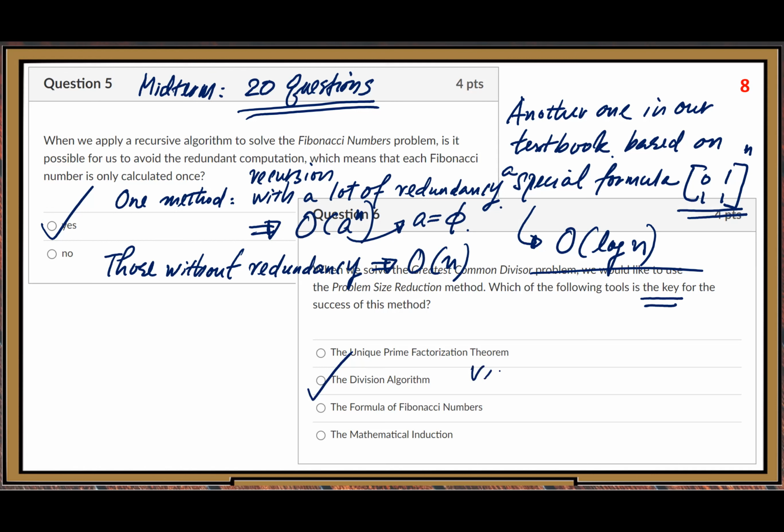This algorithm is so simple because integer division, everybody knows. Even primary school students know how to do integer division, right? But it is very useful in number theory.